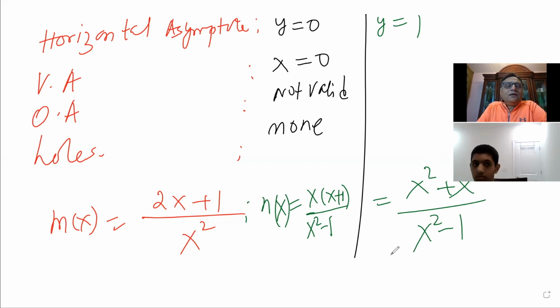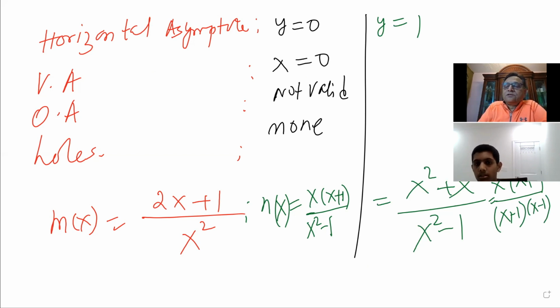Next, vertical asymptote. x equals plus or minus 1. No, one of the factors cancels because the numerator could be factored as x plus 1 and x minus 1, correct?